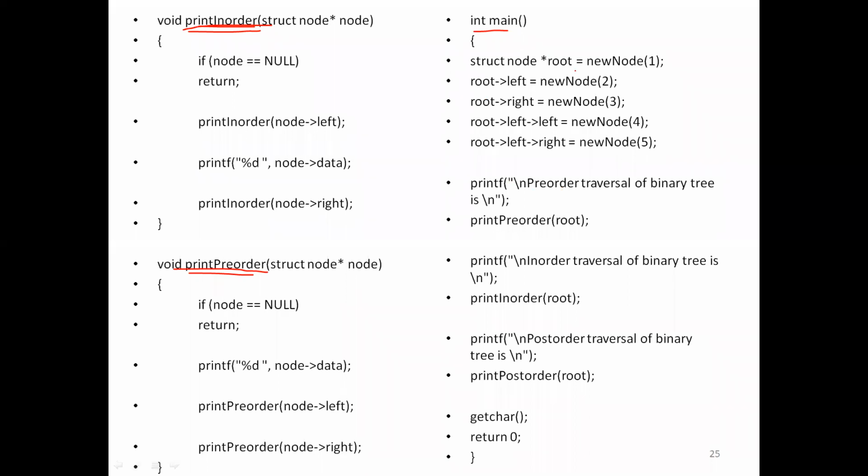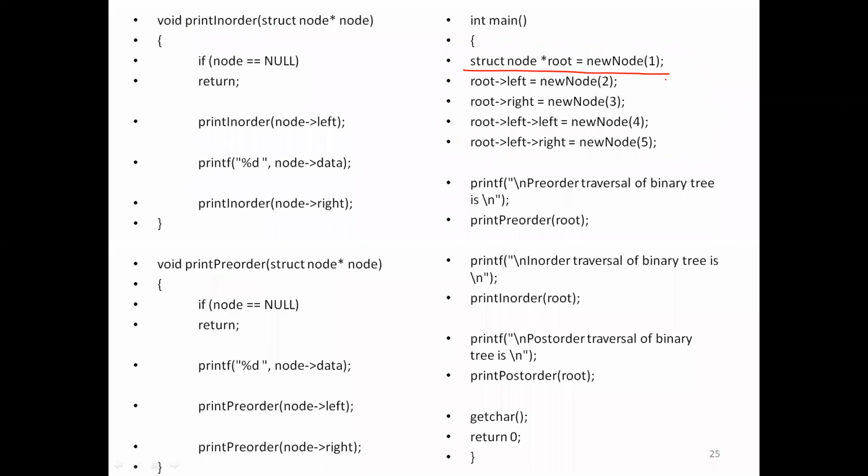So what we are doing here, we have directly created a node. It means that for the root node, what is the first line? New node. You are calling the function new node.